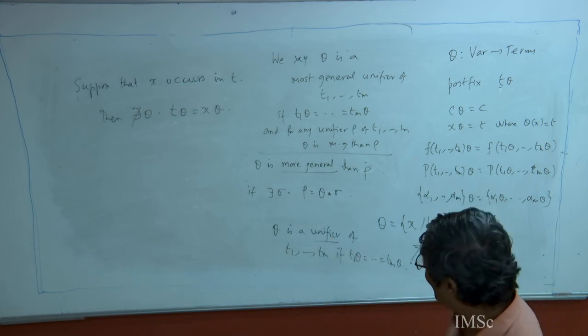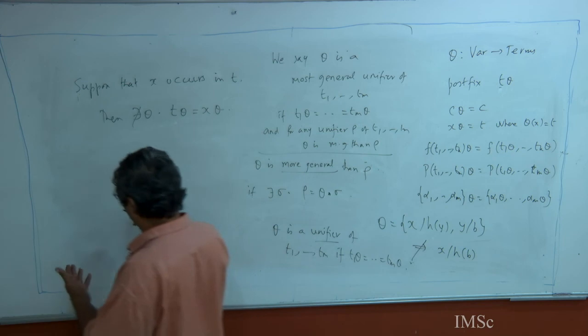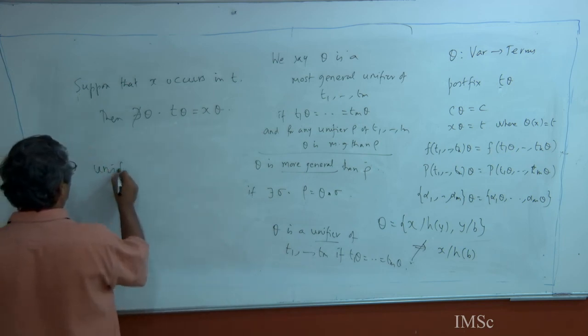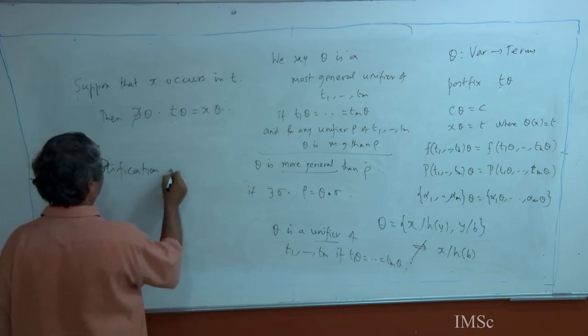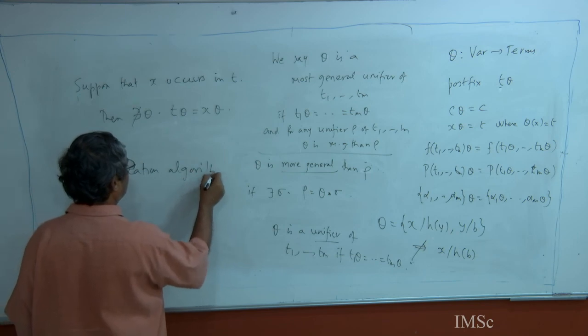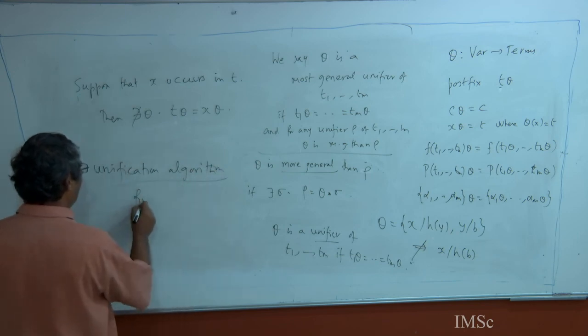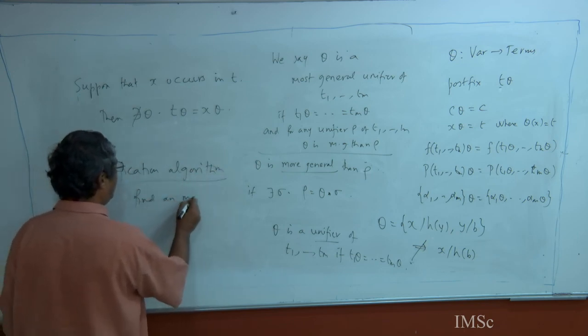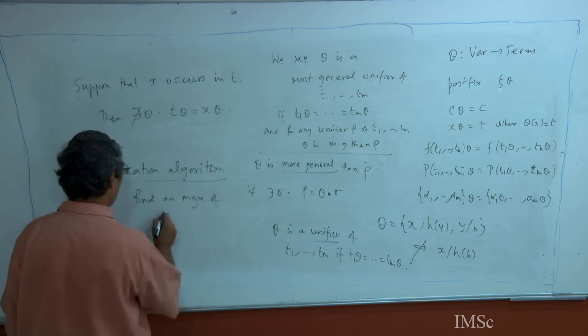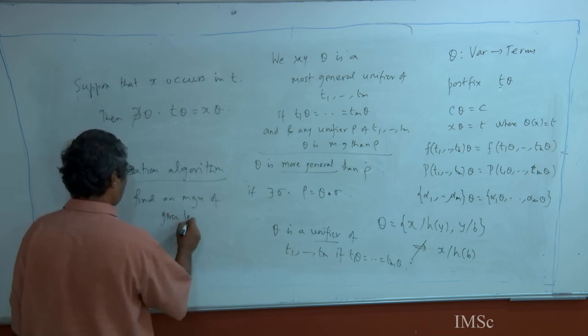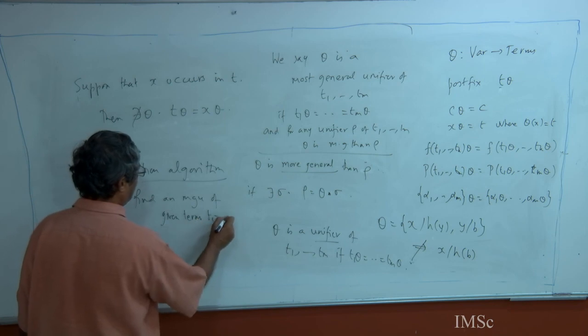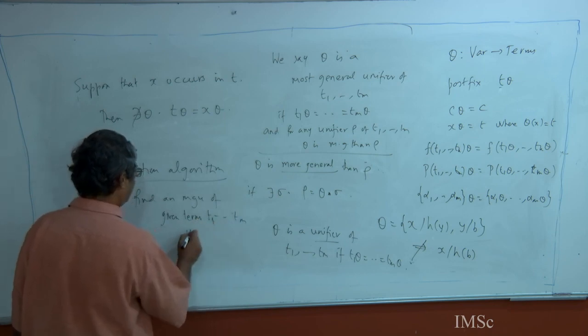This is the important point. So now the idea of the unification algorithm, which is what we'll look at next time, is to find an MGU, if it exists.